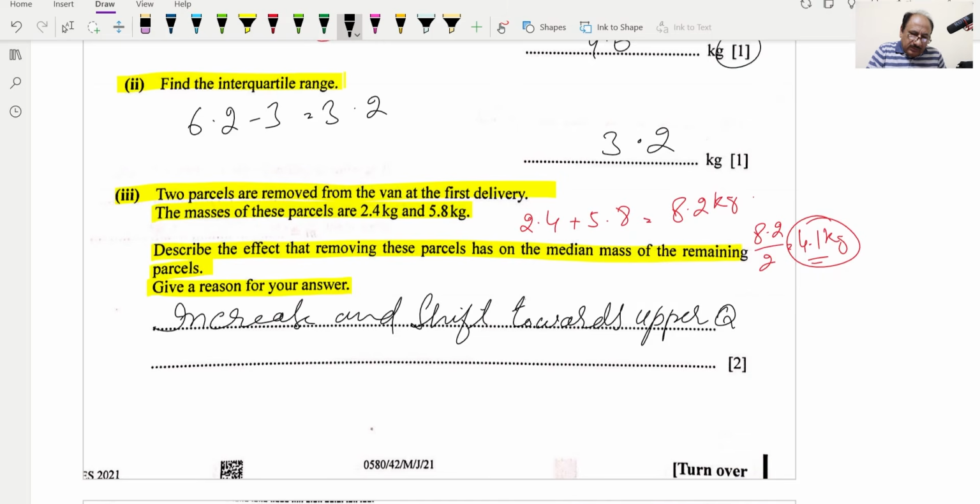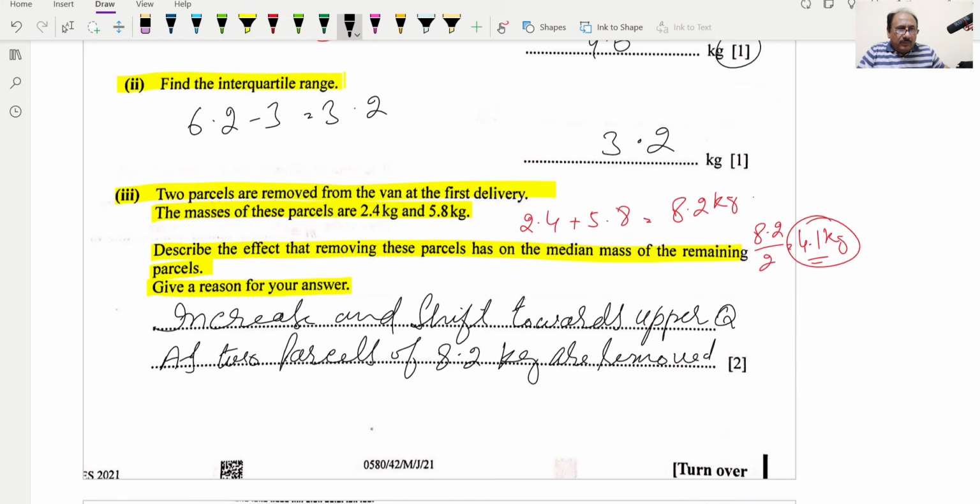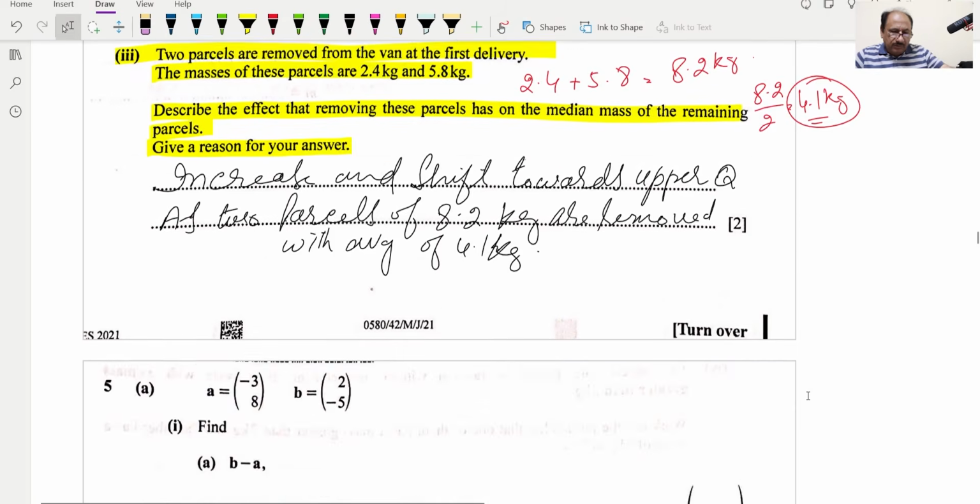And we can mention as the reason also: 2 parcels of 8.2 kg are removed with average of 4.1 kg. So this will be more than sufficient.